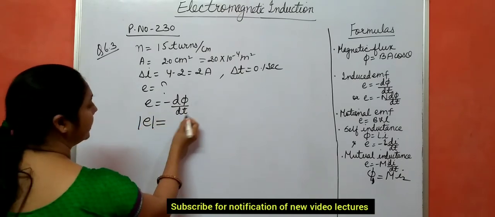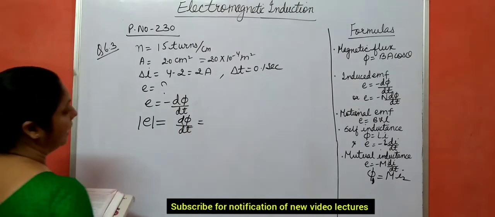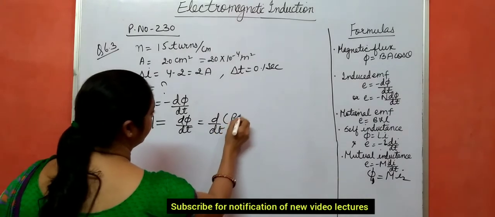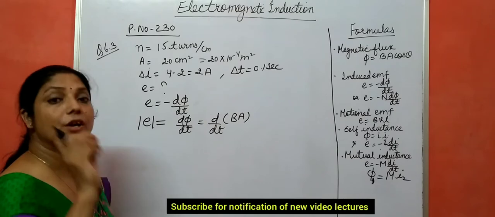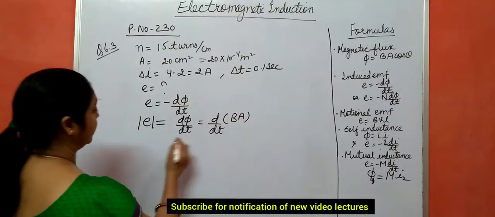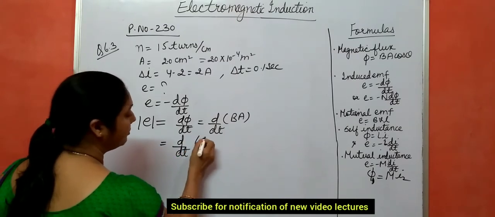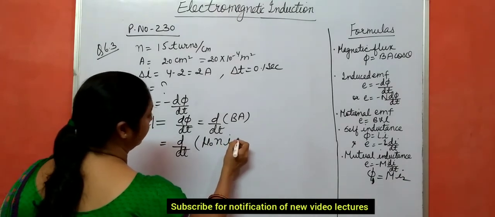E equal to d phi by dt, right? And this phi is what? BA. Okay, and you know the magnetic field at the axis of the solenoid is what? Mu naught n I. So this becomes d by dt. What is the value for B? Mu naught n I into A, right?